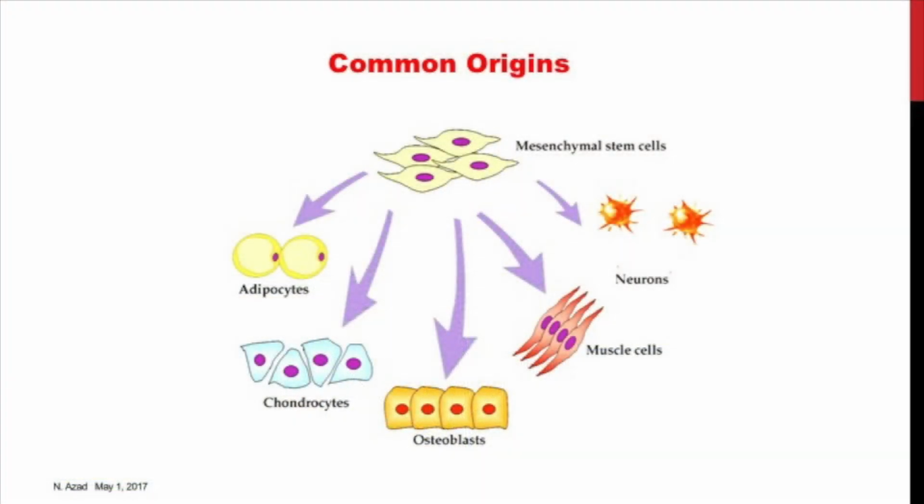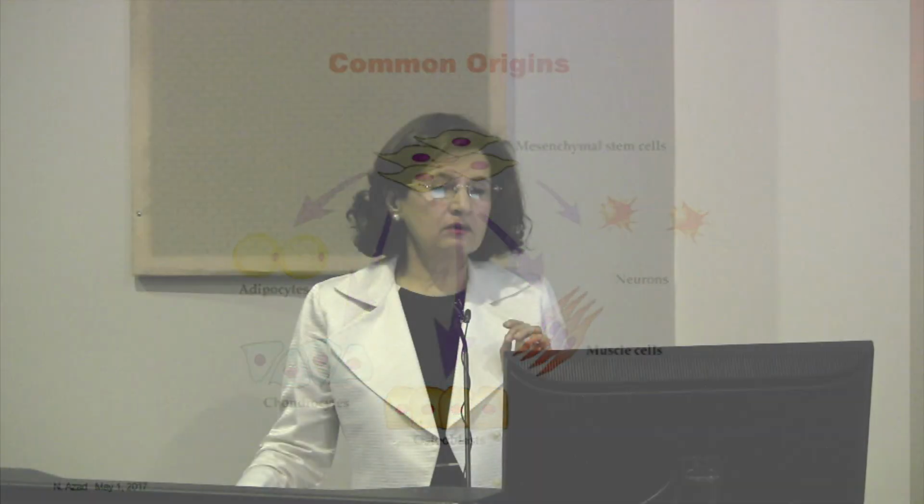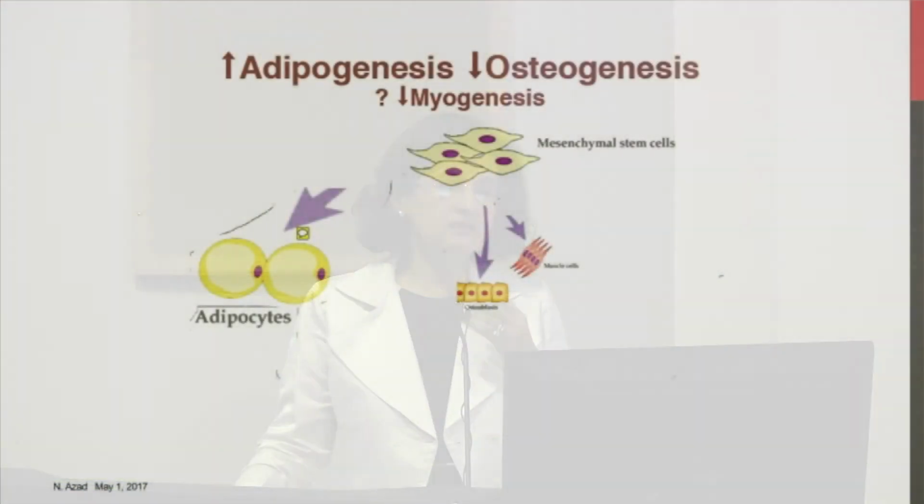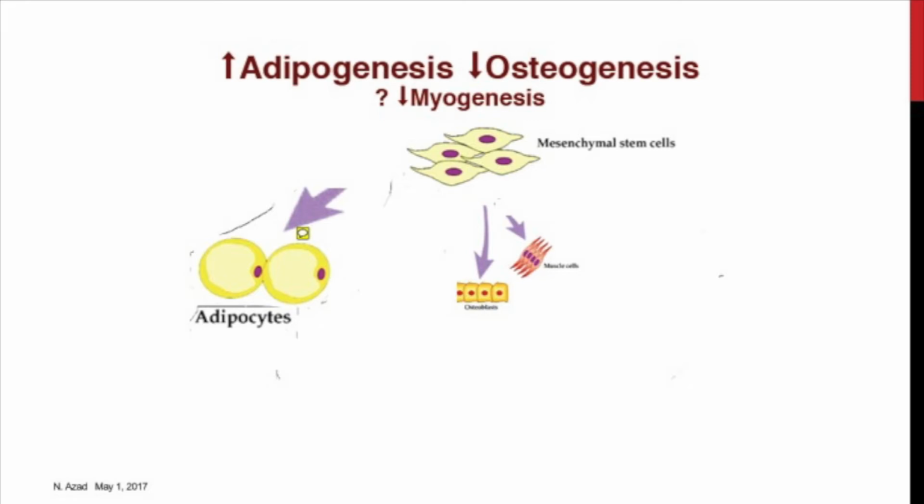Why is that? The stem cell that makes your fat or cartilage or bone, muscle, neuron is the same stem cell. What happens with aging? Your stem cells produce more fat cells. If they are not stimulated with your lifestyle, it's going to make less muscle and less bone.